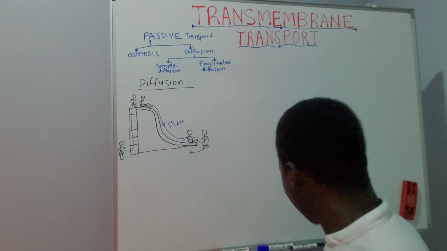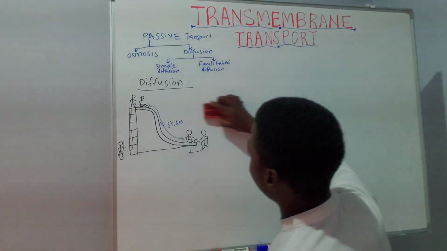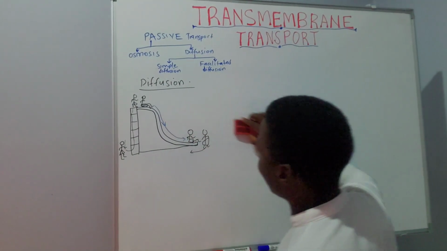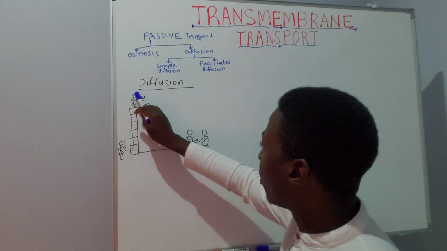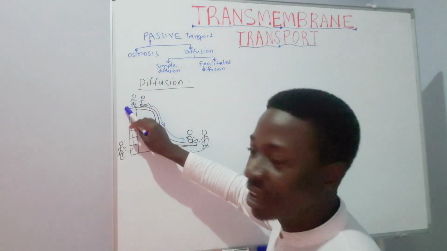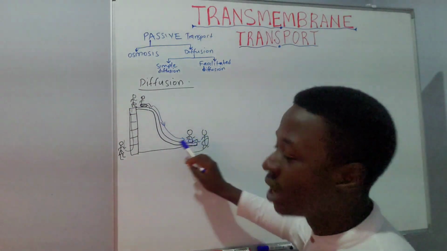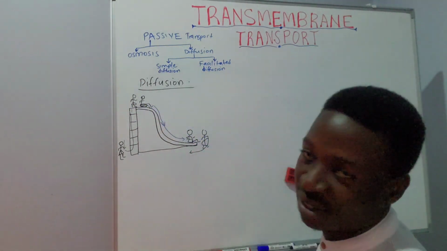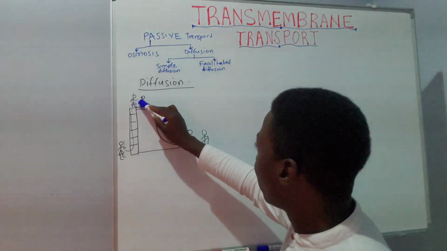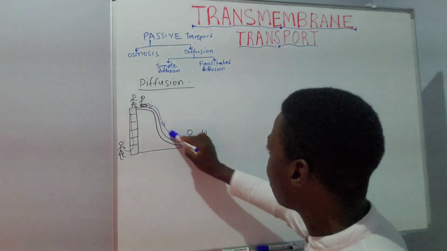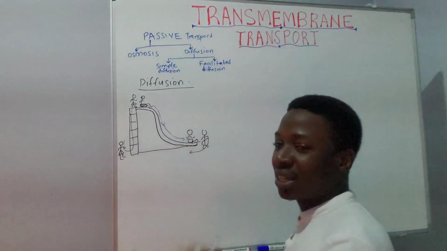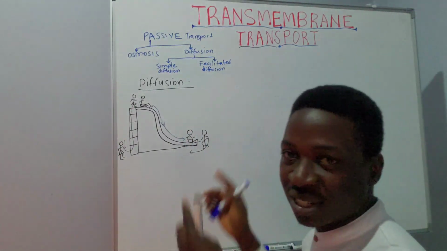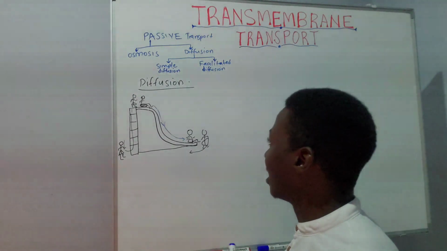Similarly, molecules in diffusion that are always in kinetic motion will move from a region that is higher to a region that is lower, down a gradient. This movement is very simple and does not require any form of energy, and this is what I would use to schematically illustrate an understanding of diffusion.